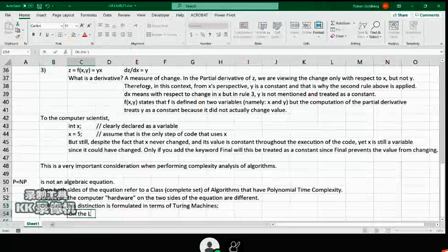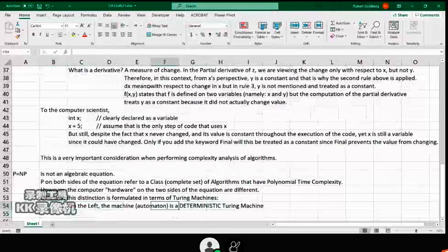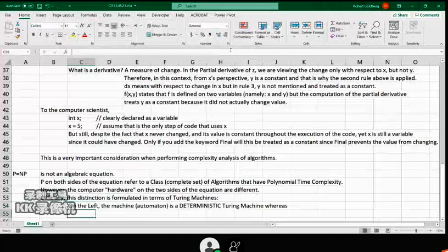On the left, P, the machine, which in Latin is automaton, or automata in plural, is a deterministic Turing machine, whereas on the right, the machine is a non-deterministic Turing machine.